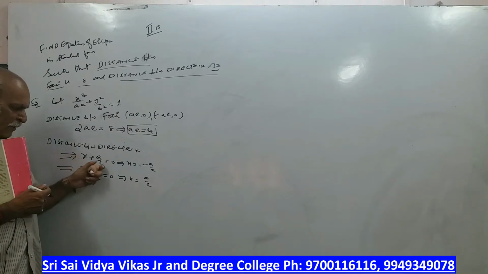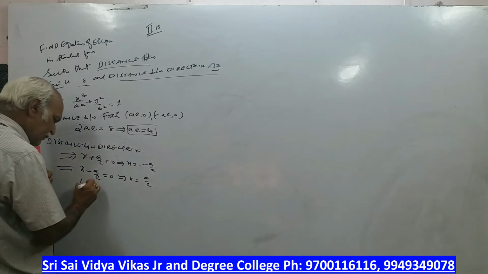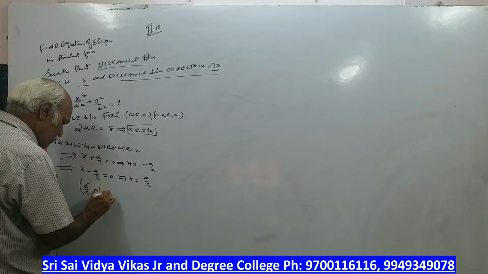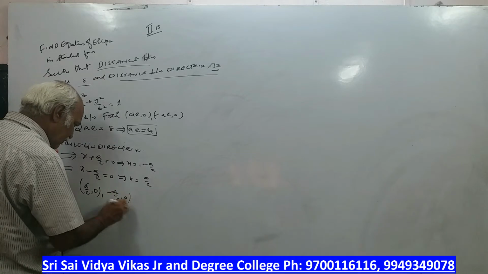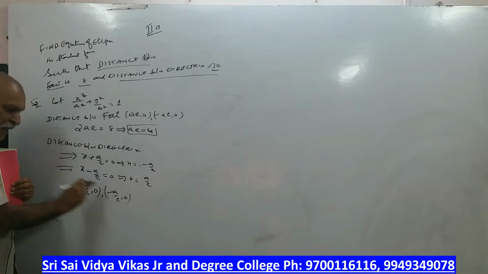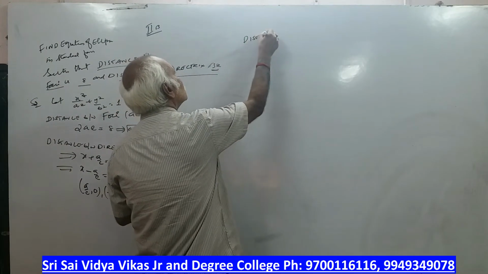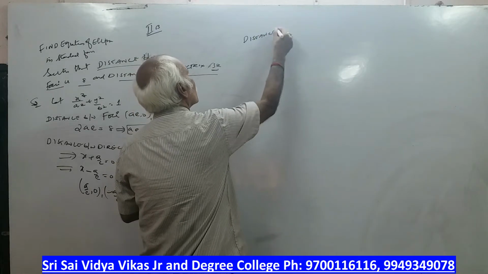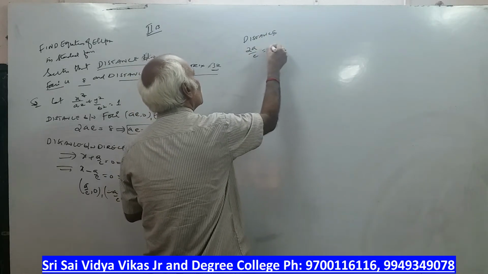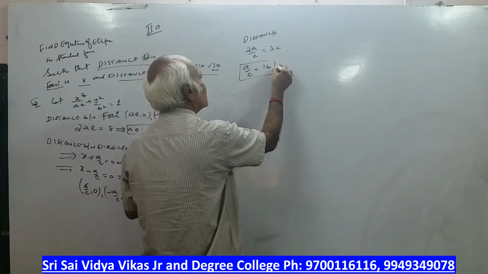So x is equal to a by e, x is equal to minus a by e. So the points are (a by e, 0) and (minus a by e, 0). So you got two directrix. Again distance will become what? 2a by e is equal to 32. So a by e is equal to 16.